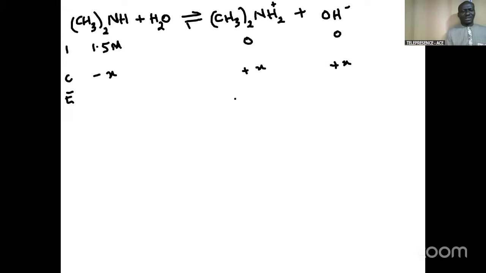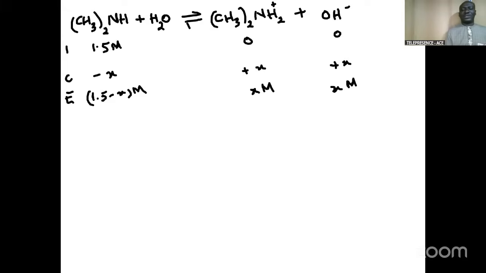So the concentration at equilibrium becomes 1.5 minus X molar for this, 0 plus X, which is X molar, for this, and X molar for this also.